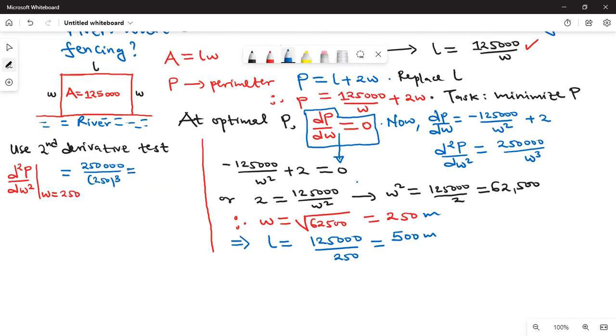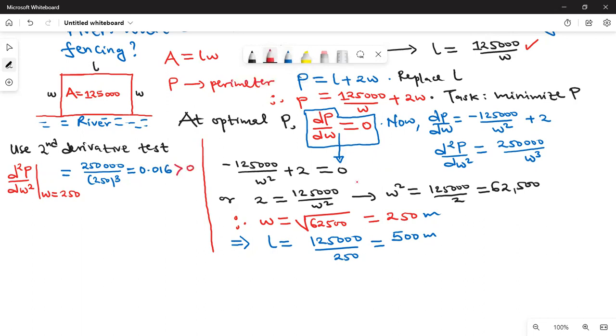And what will this give us? 250,000 divided by 250 cubed. You can press that in your calculator. That is 0.016, and this is positive, greater than 0.